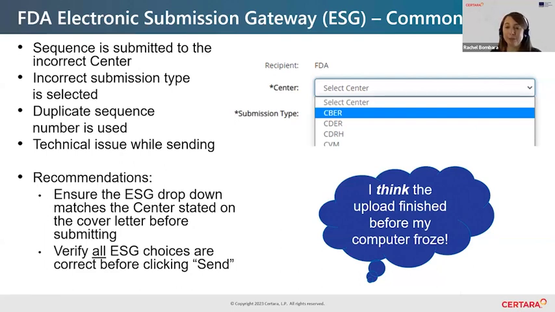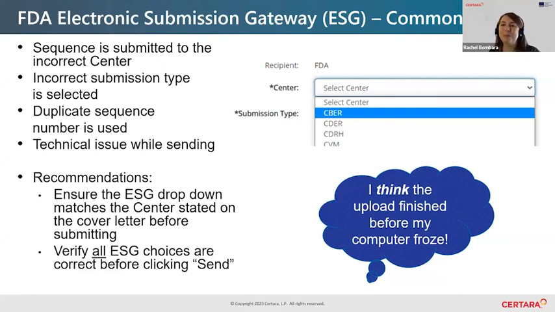Incorrect submission type could be selected, the transmission could be duplicated, or there could even be a technical issue while sending. What do you do if your computer freezes or there's some sort of other issue or glitch that happens? That's something that can occur, and we'll talk about how to fix that in a moment.